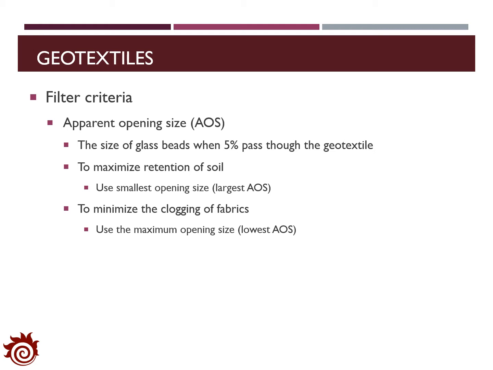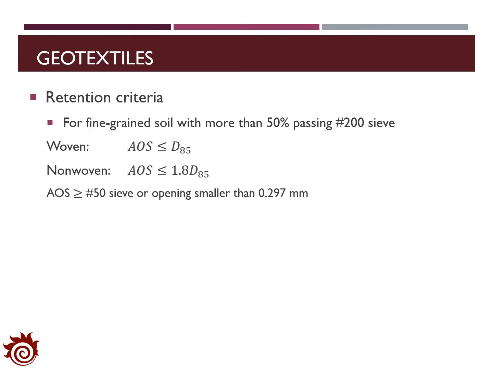While to minimize the clogging of fabrics, we have to use the maximum opening size, which means we need to consider the lowest AOS. With these two requirements, we can identify the upper and lower bounds of AOS for the selection of geotextile.